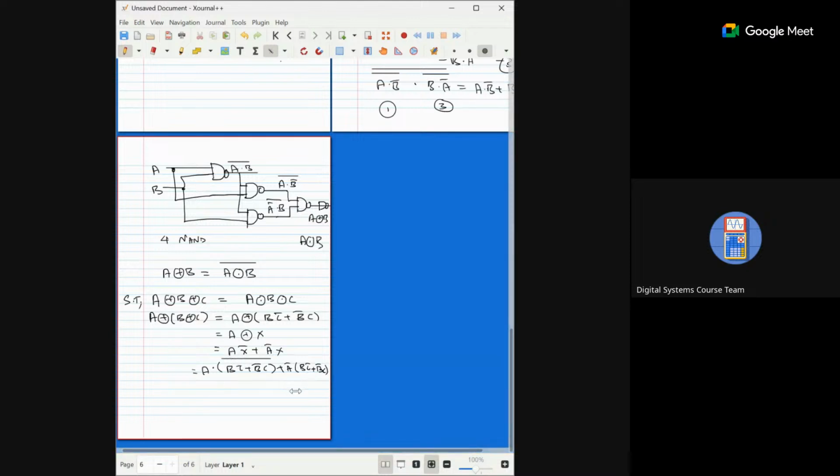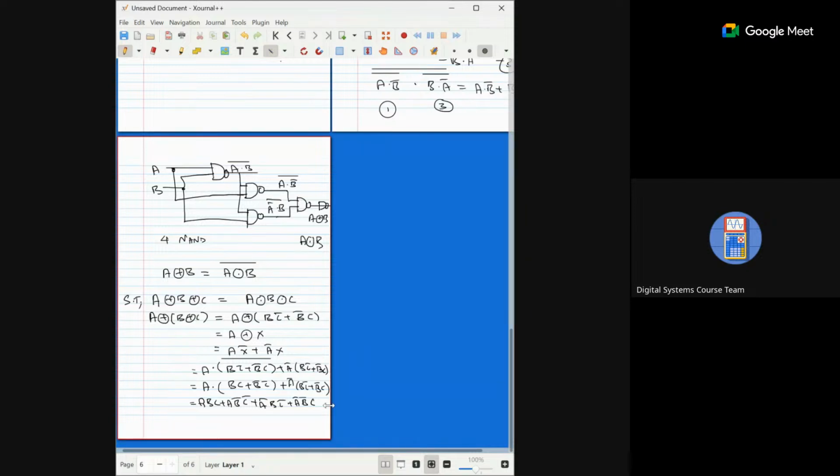This is the complementary term, so it is equal to A times B C plus B bar C bar, because it is XOR, plus the remaining thing as it is. This can be rewritten as ABC plus A B bar C bar plus A bar B C bar plus A bar B bar C.